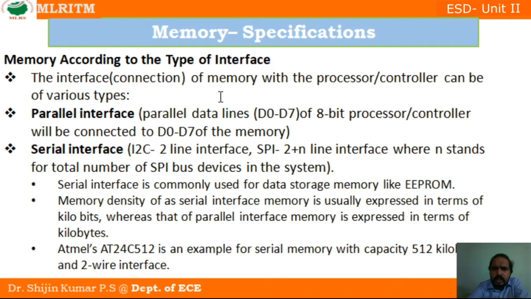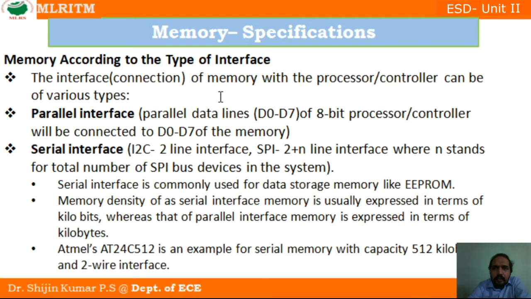This D0 to D7 is one word. That one word will be taken from the processor to the memory or from the memory to the processor at once. That is a peculiarity of parallel interface.